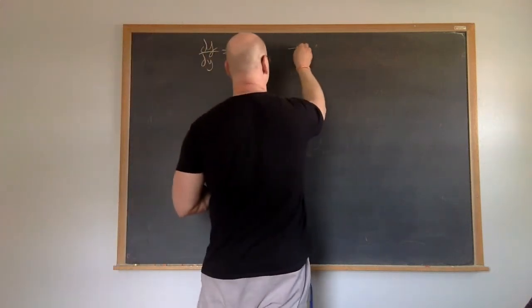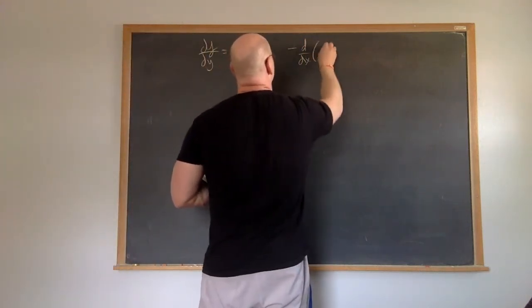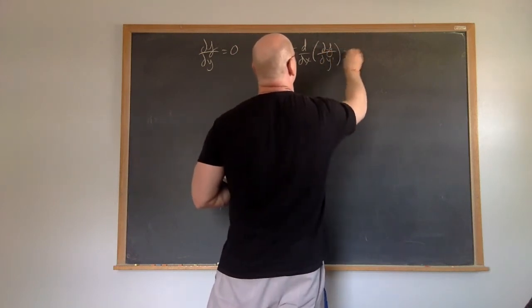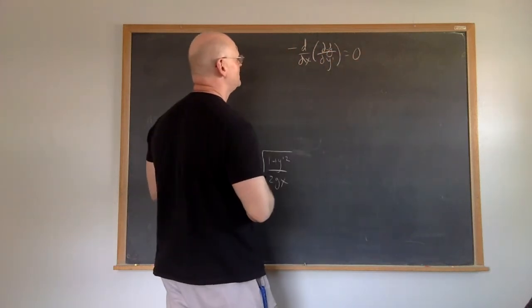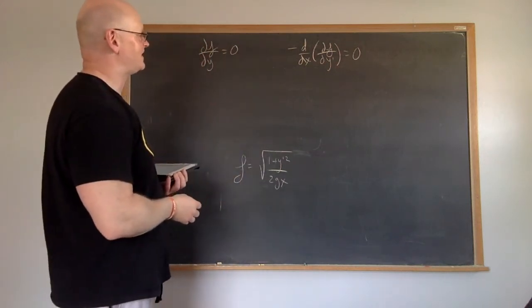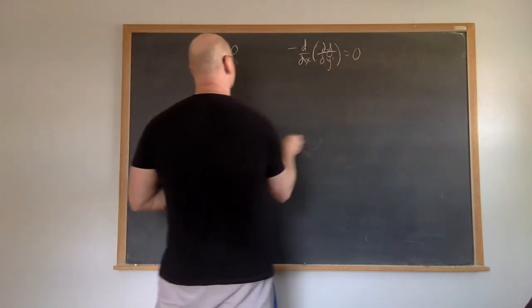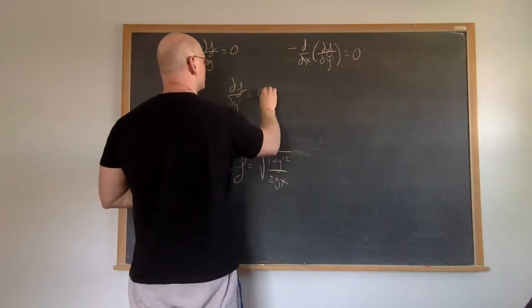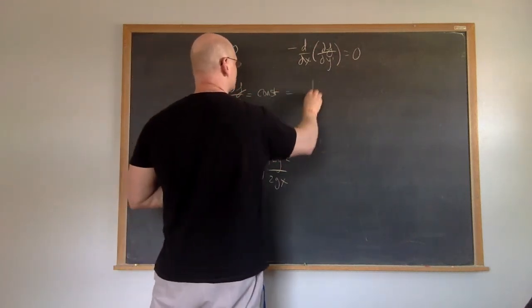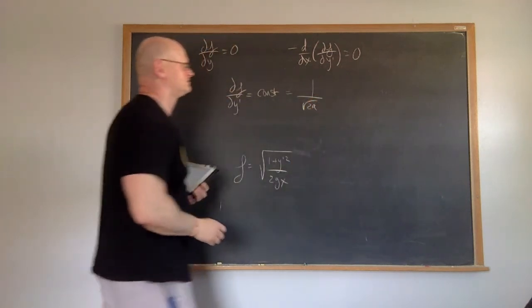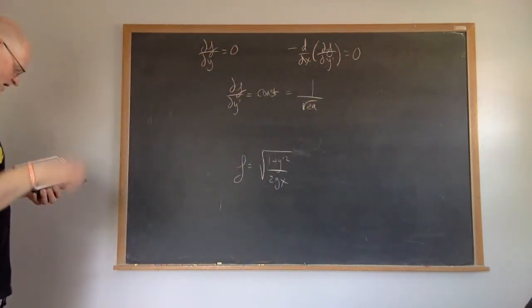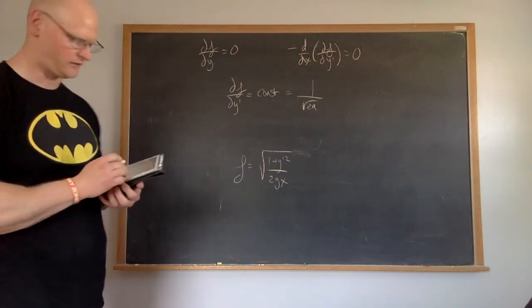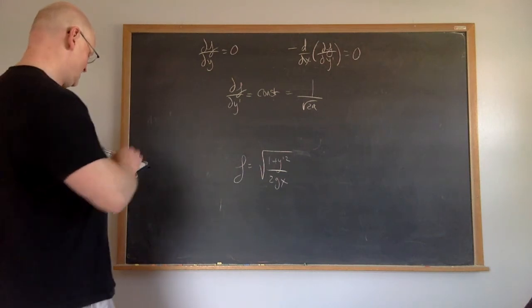Which means Euler's equation becomes minus d/dx of the partial of f with respect to y prime must equal 0. And again, all that means then is that this thing must be equal to a constant. So from here we get the partial of f with respect to y prime must be equal to a constant, and we're going to call that constant 1 over the square root of 2a. That's mostly put in there just to make our lives a little bit easier. Okay, we'll talk about what a actually is.